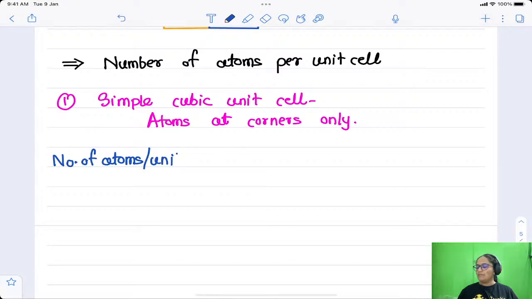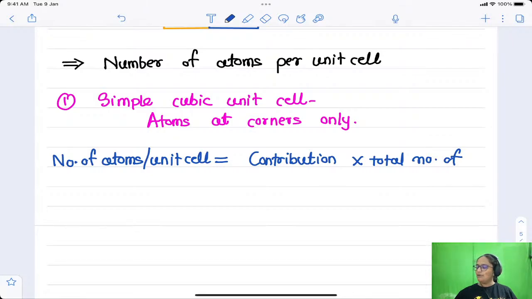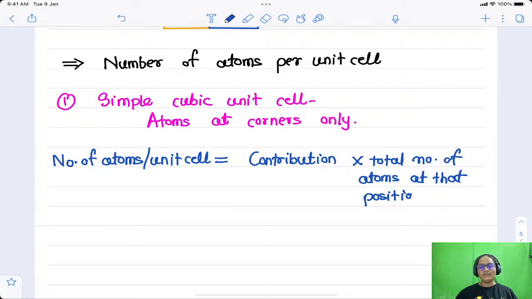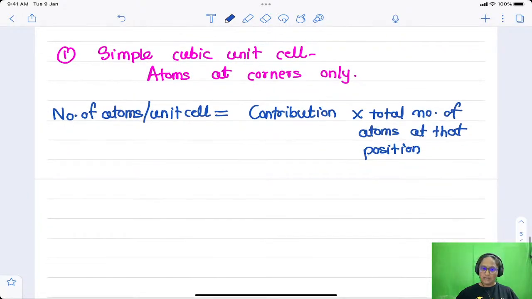This formula is applicable to all types of unit cells, not only simple. You multiply the contribution, which I have explained already, by the total number of atoms at that position. At that position means whether it is at a corner, body center or face center.